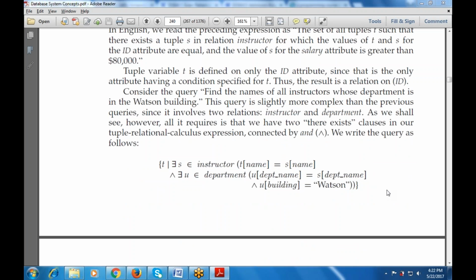That is, the name field of T is equal to the name of S, and there exists a department U where U's department name is equal to S's department name, and U's building equals Watson. That means the building is Watson.